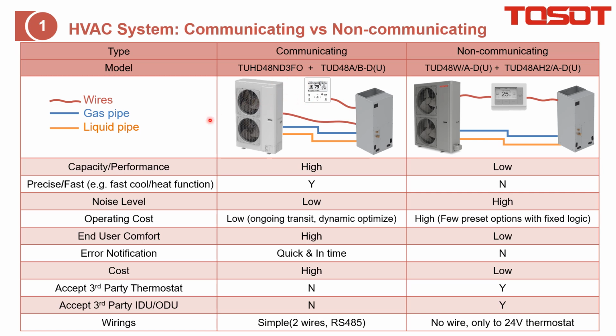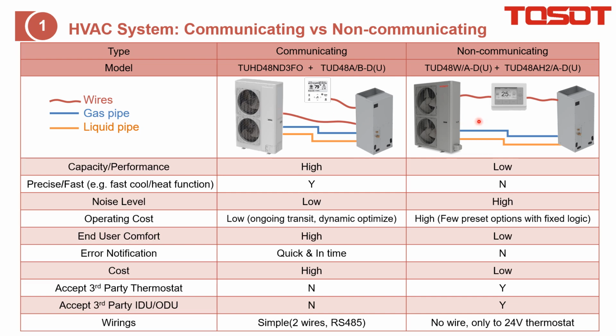This means the outdoor unit can fully understand the requirements of the indoor unit, because the indoor unit transmits information including the temperature and the indoor unit capacity to the outdoor unit. Then it can fully understand the indoor situation and operate the best solution or best compressor output to satisfy customers' needs.